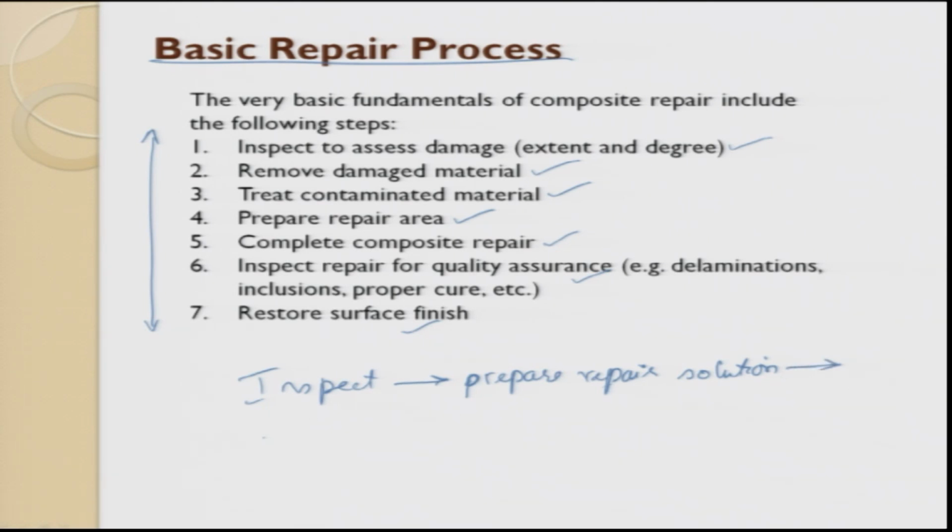We try to repair the damage, and then after repairing the damage we check for quality assurance, and then we finish the composite that is to be repaired. So, these are the steps.